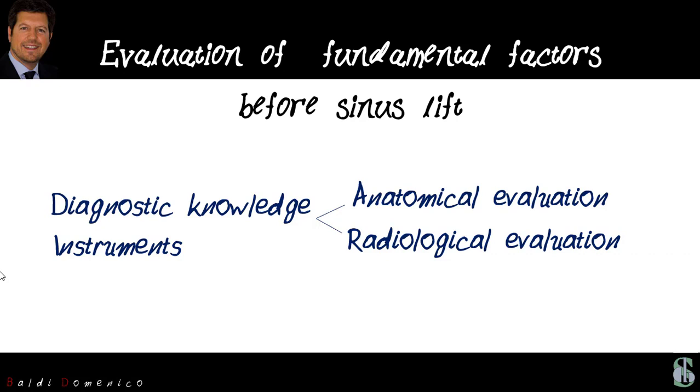So we can really appreciate the good knowledge of anatomy when we pass to the radiological evaluation. In fact, we can understand the X-ray exam in a much better way, and we can also plan our surgery correctly.